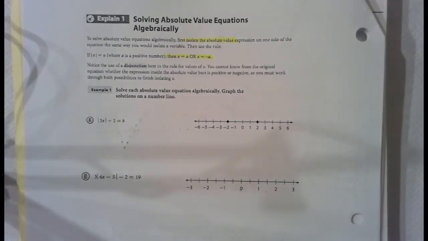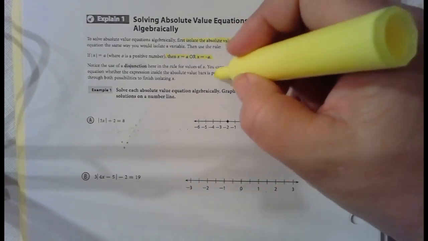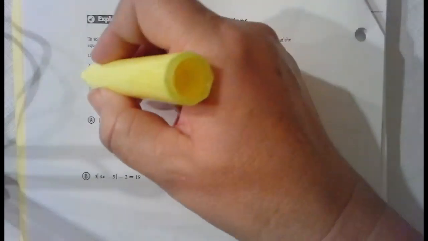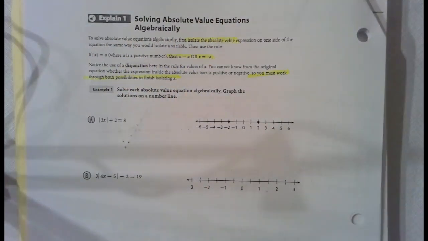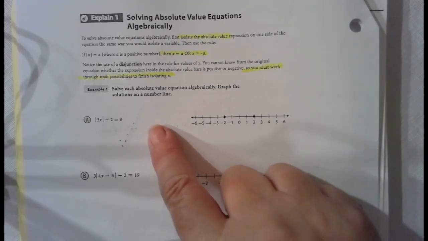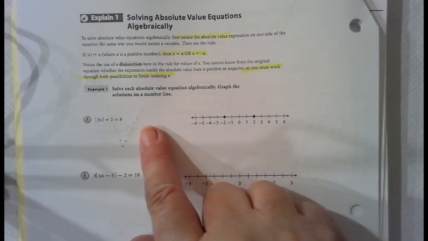You cannot know from the original equation whether the expression inside the absolute value bars is positive or negative. So you must work through both possibilities. You have to solve each one because you don't know which direction the answer will be.